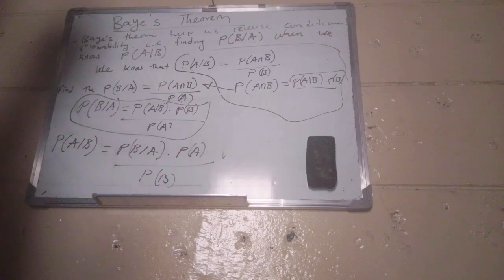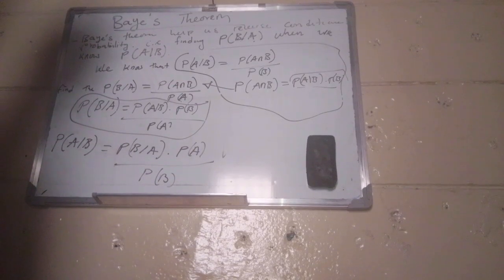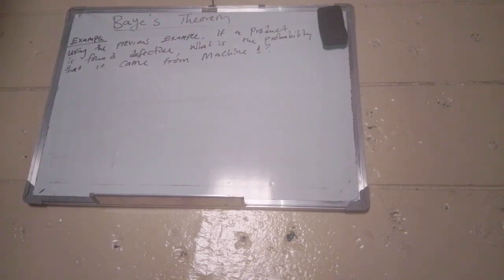Now let's look at an example under the Bayes theorem. I want us to use the previous example which we did under the total probability event, about a defective item coming from either machine 1 or machine 2. Remember the question: suppose that a factory produces 60% of its product from machine 1 and 40% from machine 2. The probability of a defective item from machine 1 is 5% and from machine 2 is 8%.